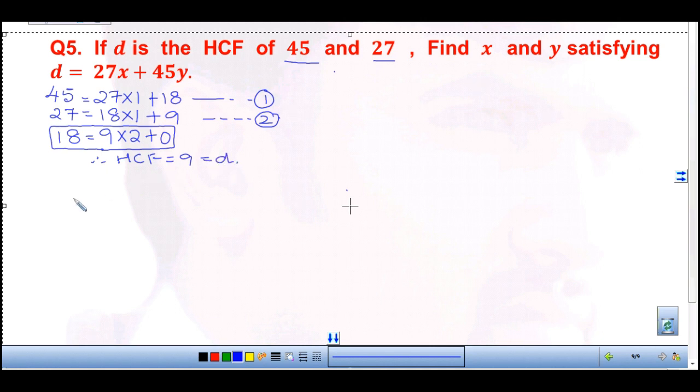Now we need to express the value of D in terms of 27 and 45. For doing that, let's write this 9 as 27 minus 18 times 1. This is from equation 2.